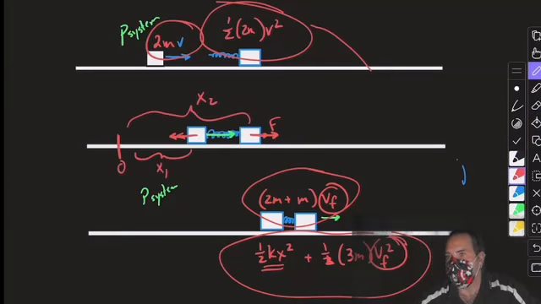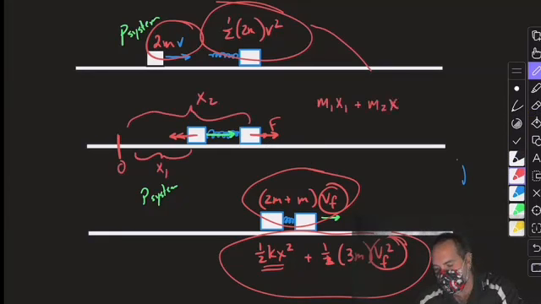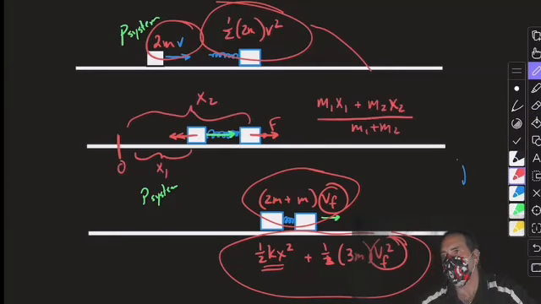If I wanted to find the center of mass of the system, it would have been m1x1 plus m2x2 over m1 plus m2, correct?